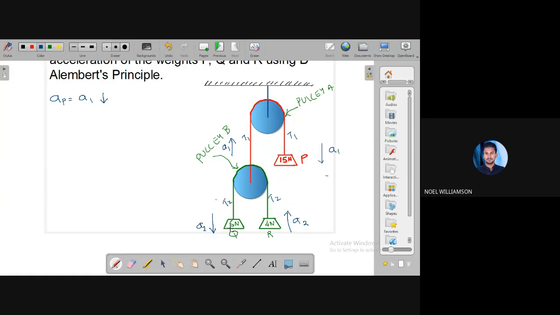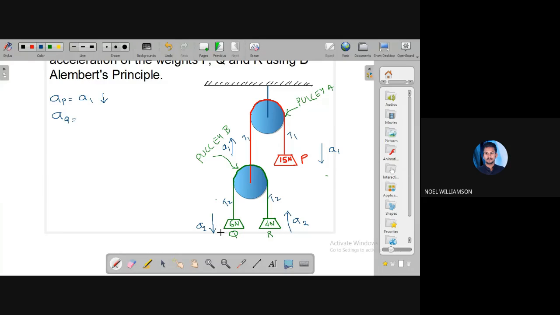Now the movement of Q, or the acceleration of Q. When we are considering the pulley B alone, how is it moving? Q is moving downwards, right?